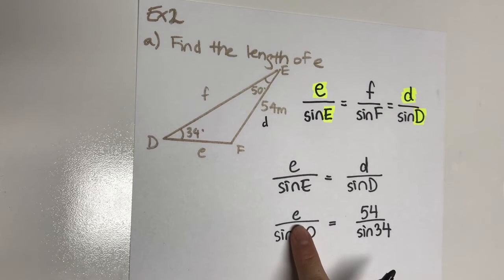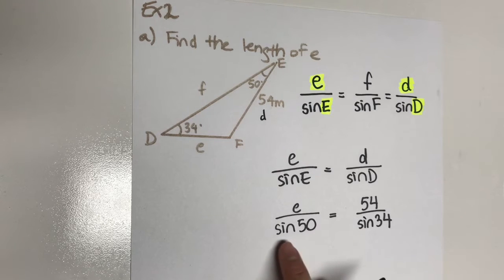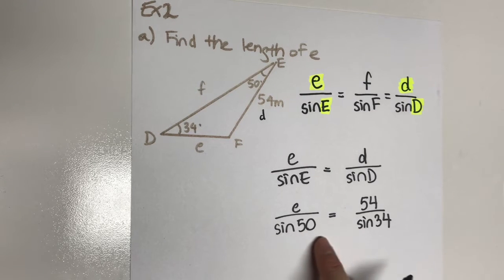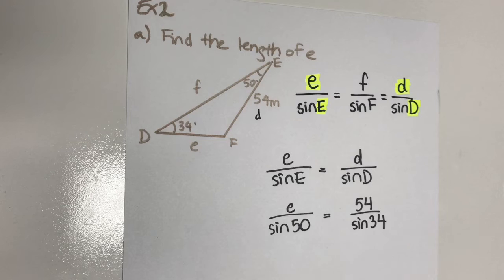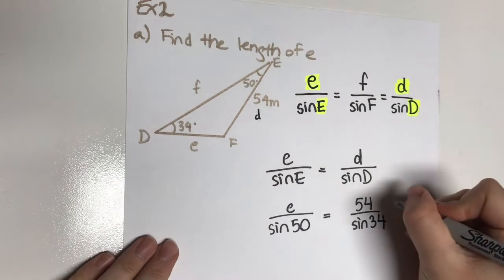I'm trying to get e by itself. I'm trying to isolate it, which means I want to get rid of sine 50 over here. So I'm going to multiply both sides by sine 50 in order to isolate e.